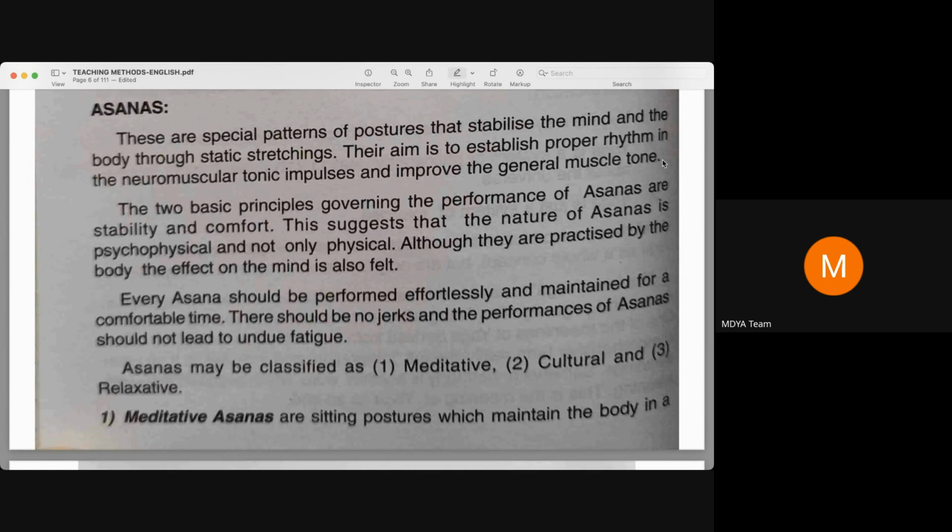Now, can you name a few meditative asanas? Anyone? Padmasana, Sukhasana. Yes, Bhadrasana, Siddhasana, Swastikasana.